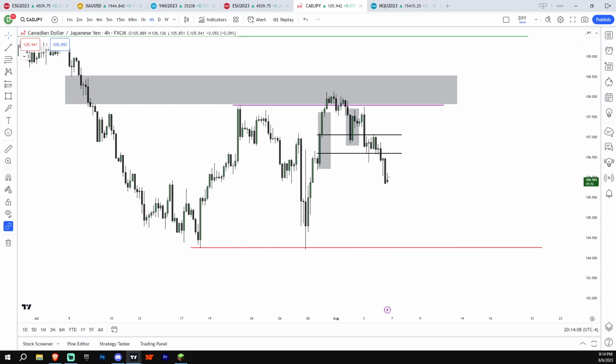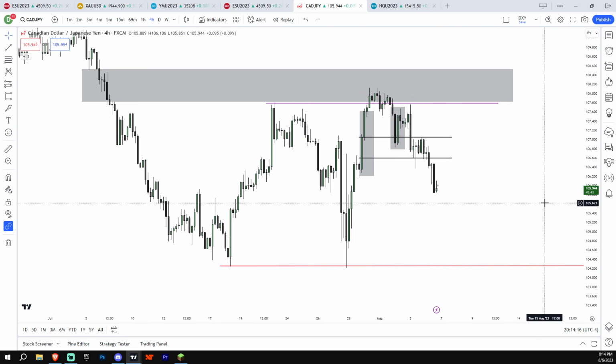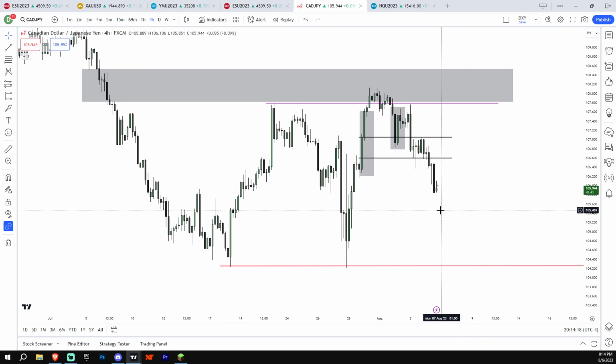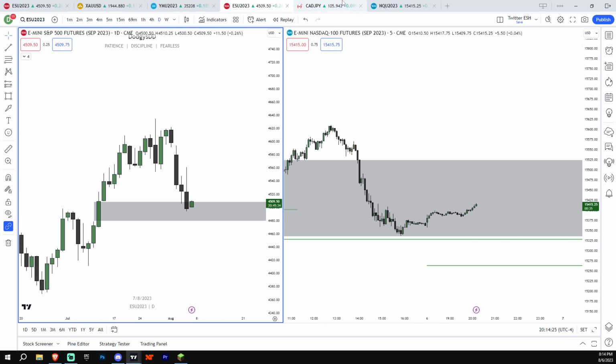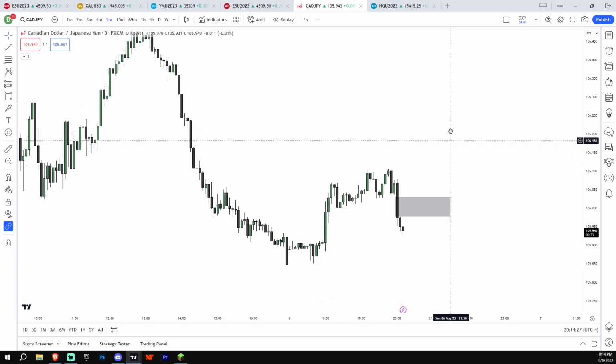Plus AV said, if you don't have an inverse fair value gap in the directional draw on liquidity, do you typically avoid or have other ways to enter with confidence? If there's not an inverse fair value gap and I see a 2022 model, I'll still enter because that's the original model that we were taught. But I just think it's a higher win rate if there's an inverse too.